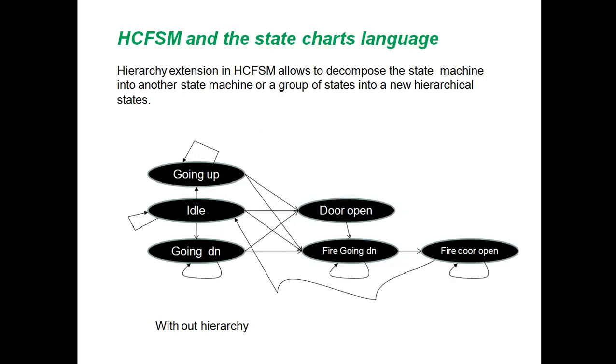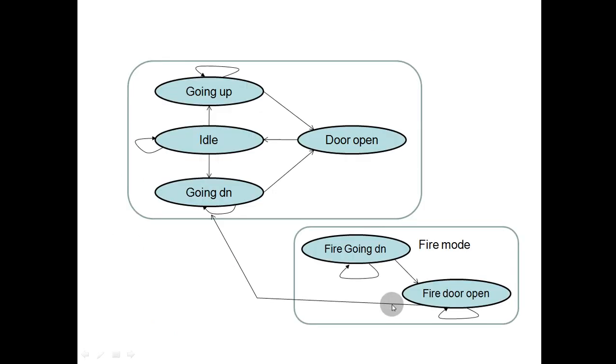This is the picture which depicted the non-hierarchical state machine. Now, this is the hierarchical state machine, with the going up and idle states and the transfer of data from one state to another. This is the condition, this is the block.